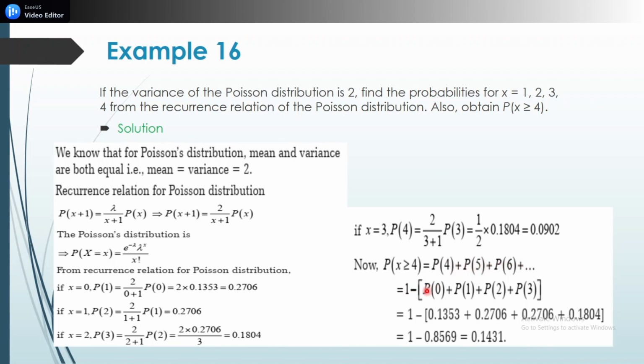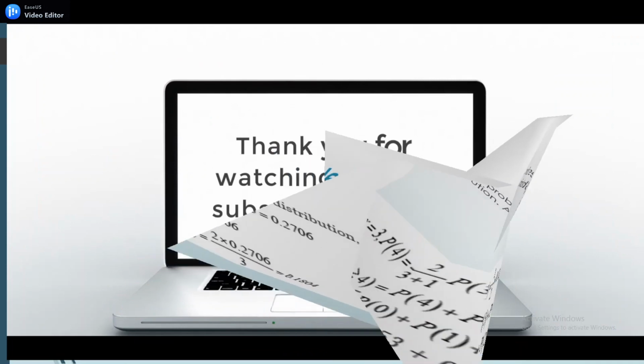So we take 1 and subtract the values which are less than 4. These values are found from this one, this, and this. We make the substitution. Finally, the final answer is 0.1431. So this is the end.